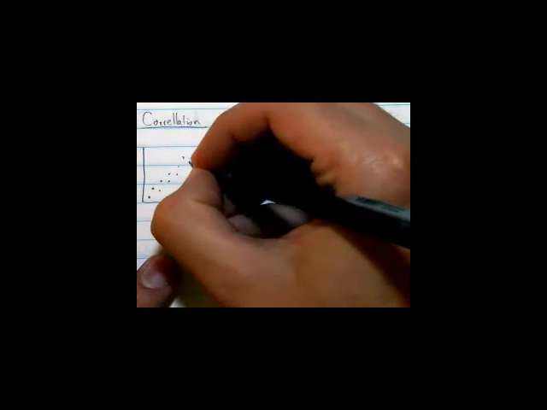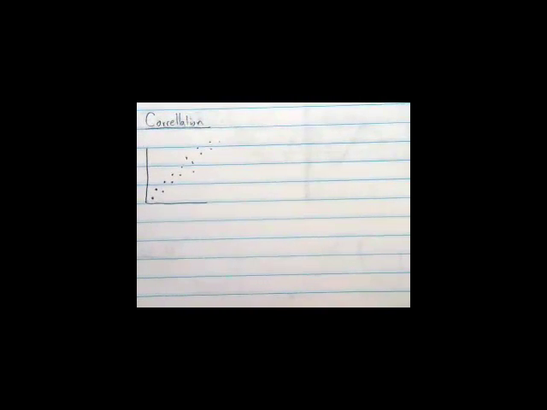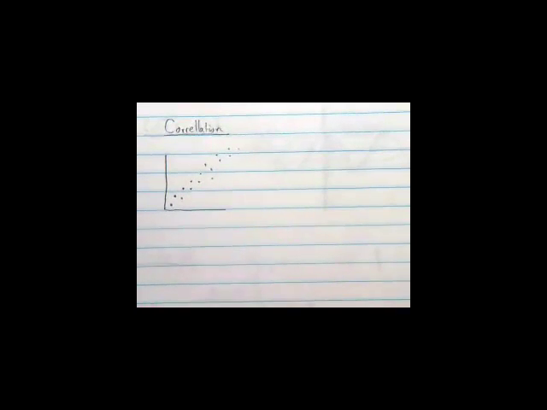so if you've got some kind of scatter plot, and it seems like the dots are all clustered together, so it appears to be pretty linear, we would call that a strong correlation. And if it appears as though the slope of the line is positive, or it's increasing, then we would say it's a strong positive correlation.